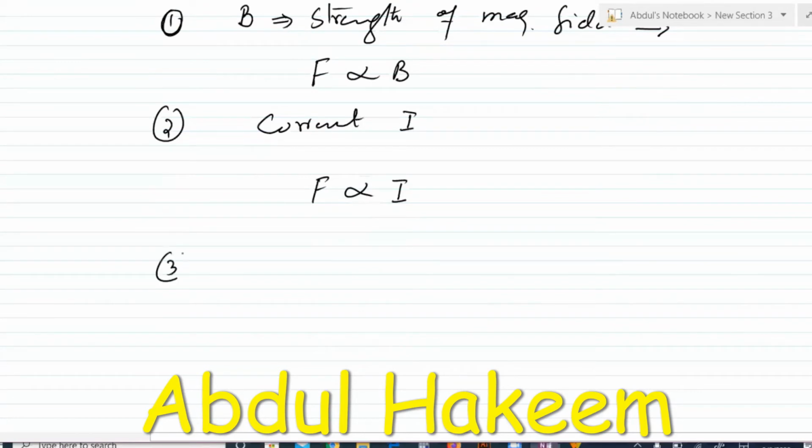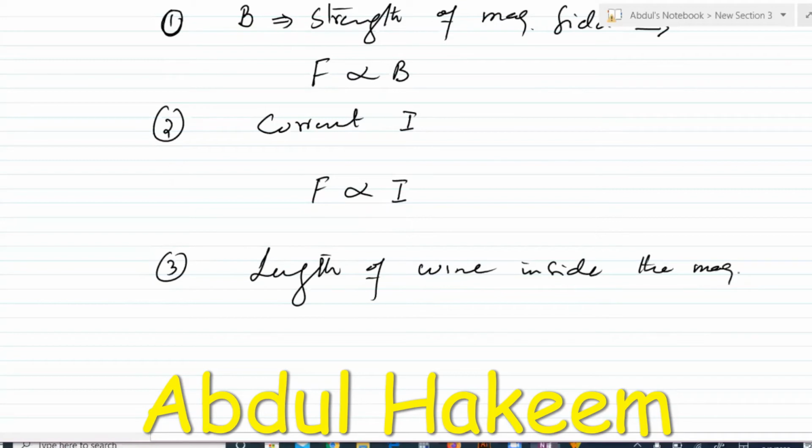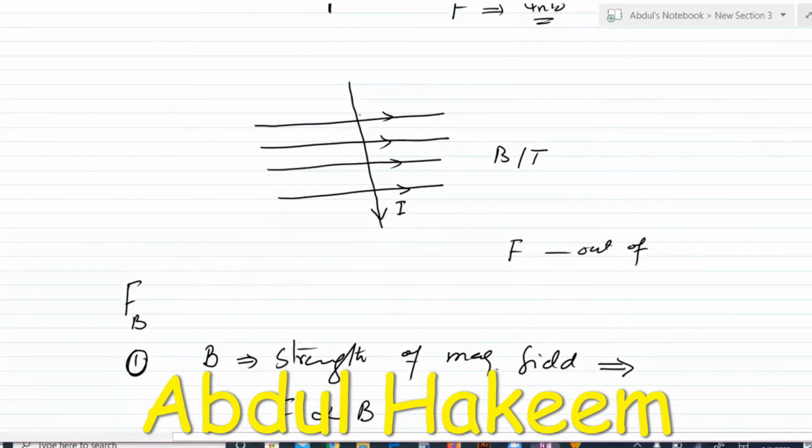And number three, the length of wire inside the magnetic field, not the whole length, only the length which is inside. So this is the length, this one, not the whole wire.